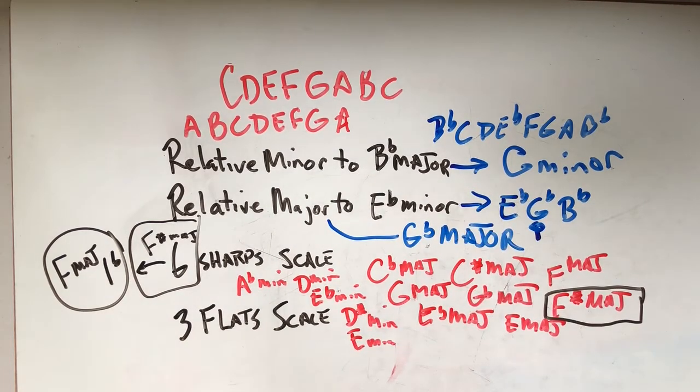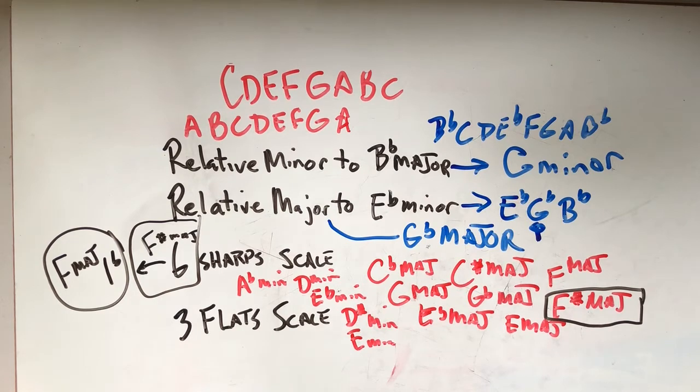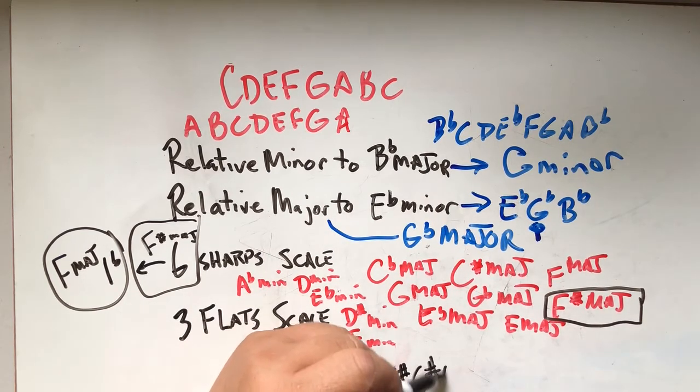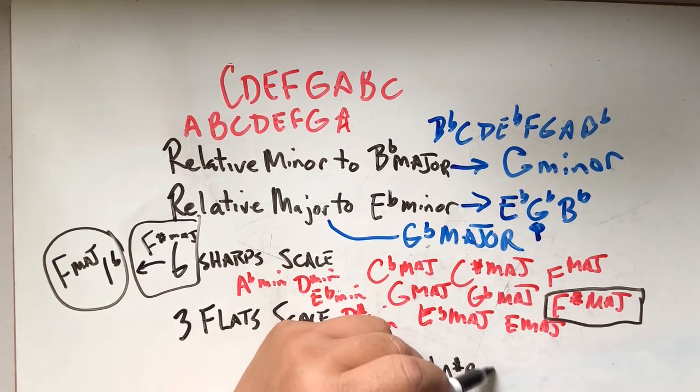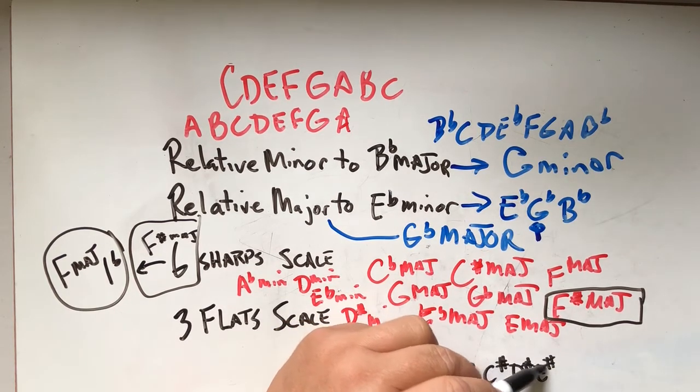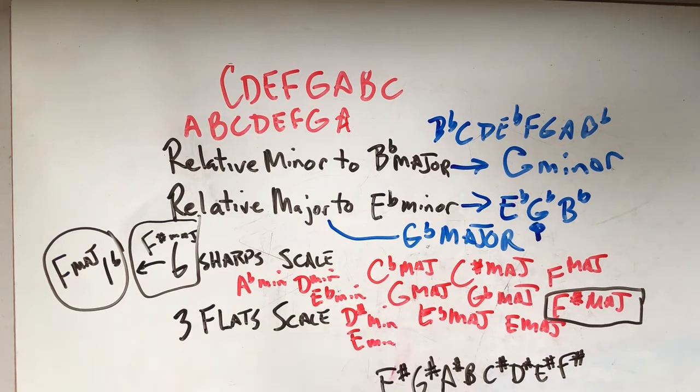But what about some of the minor scales? Would any of these match up? I think what you do is you say, well, if F sharp is my major scale, let's try this. I'll spell it out, just like I did for the first question. F sharp, G sharp, A sharp, B, C sharp, D sharp, E sharp, and F sharp again, right?